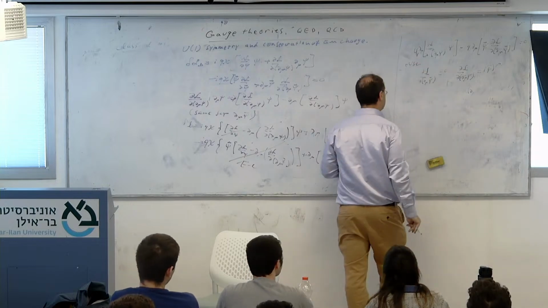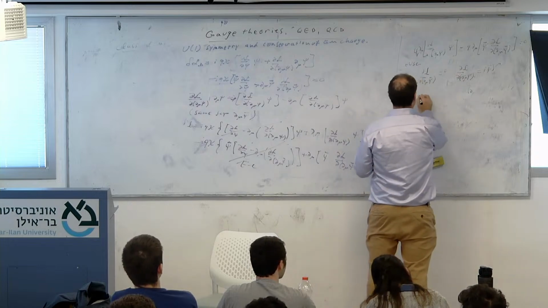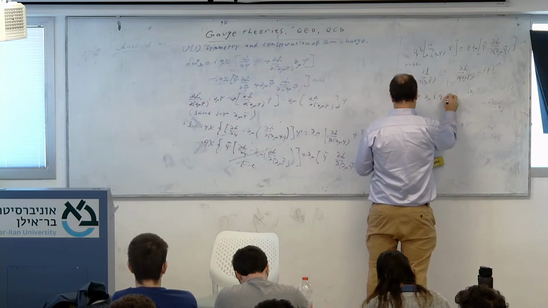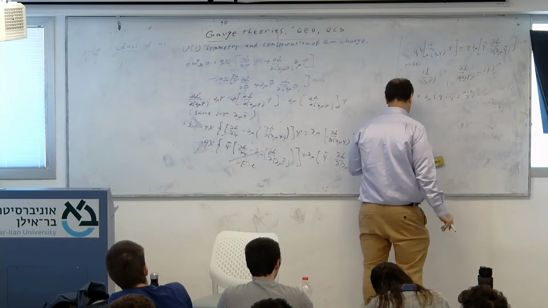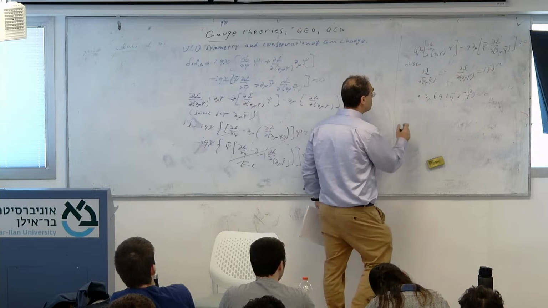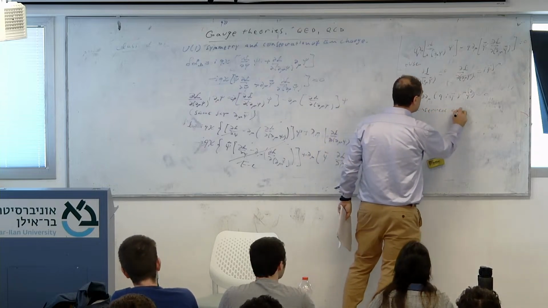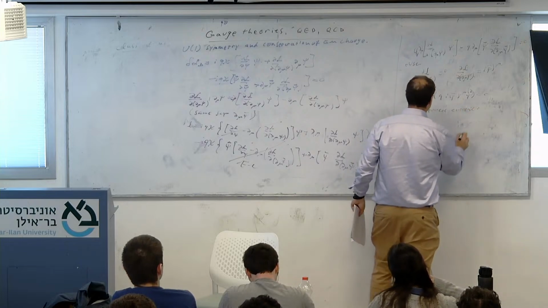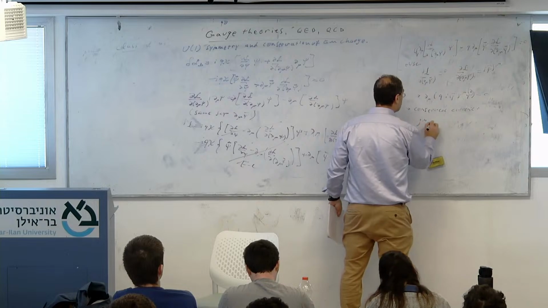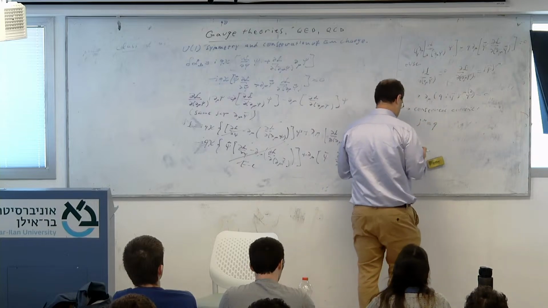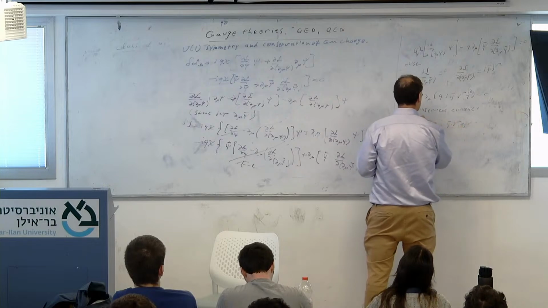Use these terms, and we get that d mu Q i psi bar gamma mu psi is equal to 0, which means that the conserved current according to Noether is J mu, which is Q i psi bar gamma mu psi.